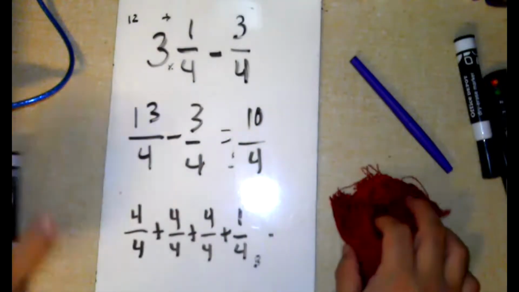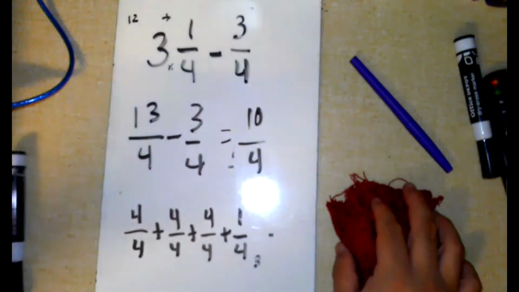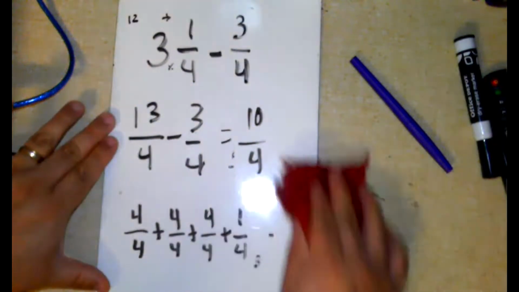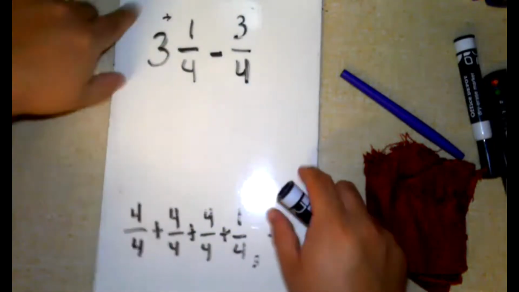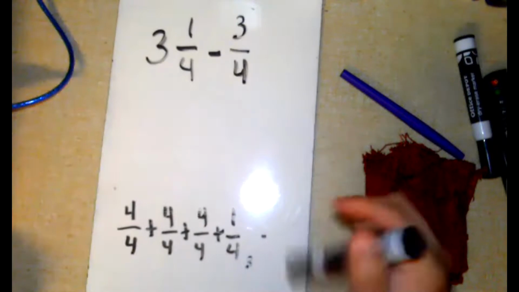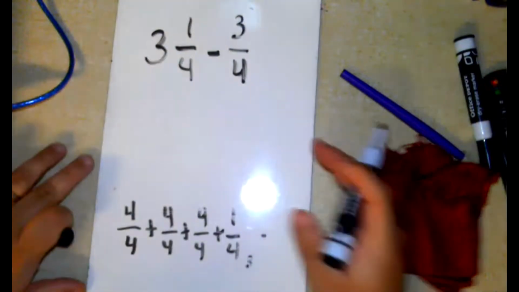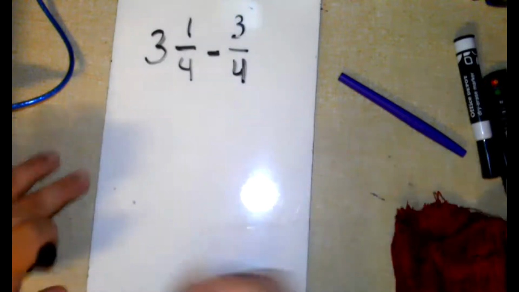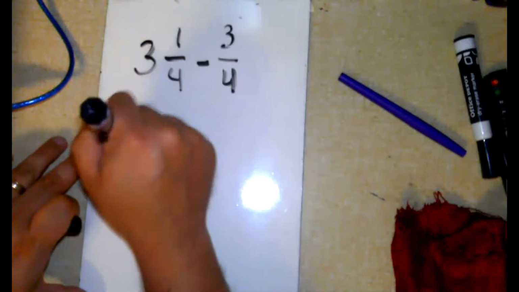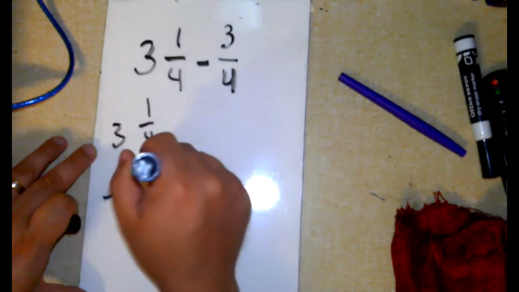Now, what if you didn't convert over? What if you did this? What if we didn't? So you got 3 1/4 subtract 3/4. What if you did this instead? Well, I'm going to go 3 1/4 subtract 3/4.